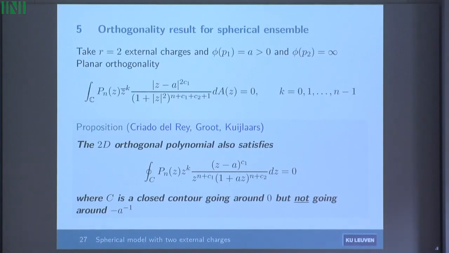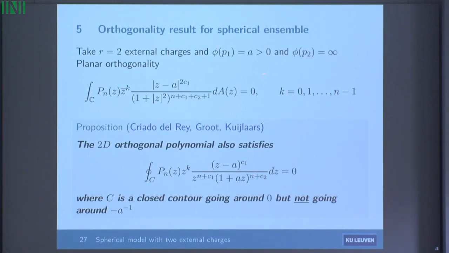We can do it if we have two external charges on the plane, and one of them is at the North Pole that we project to infinity, right, if we do the stereographic projection, and the other charge P1 is mapped to a number A, which we can take to be positive. And C1 and C2 are the charges at these two, P1 and P2. They need not be the same in this result.